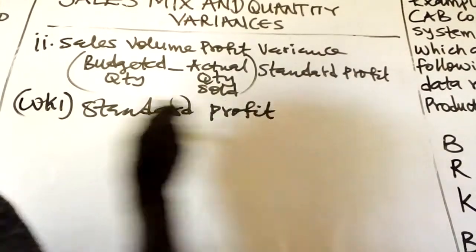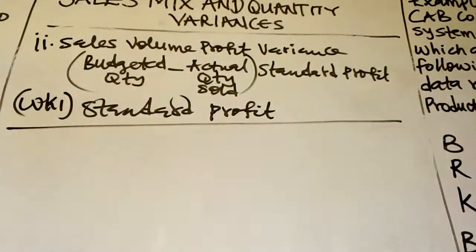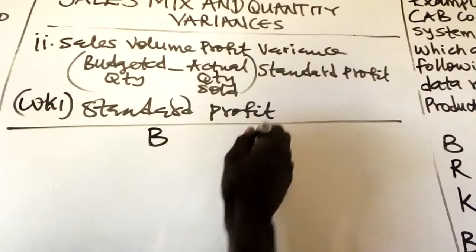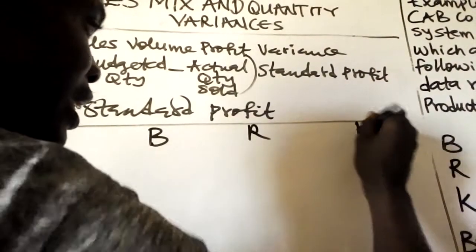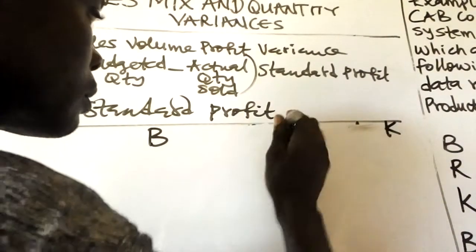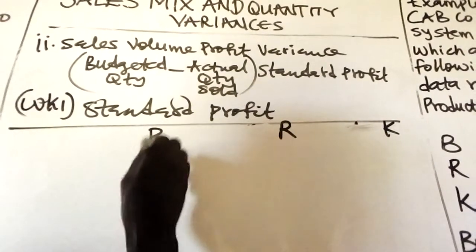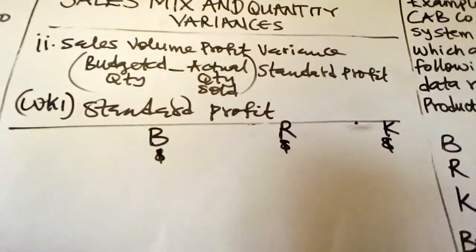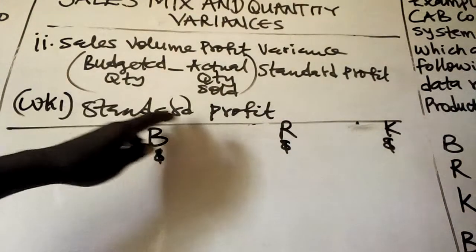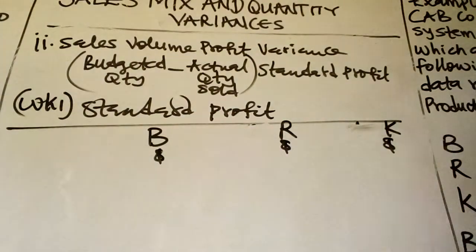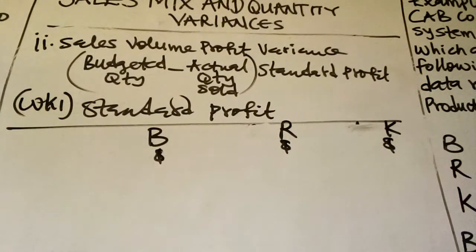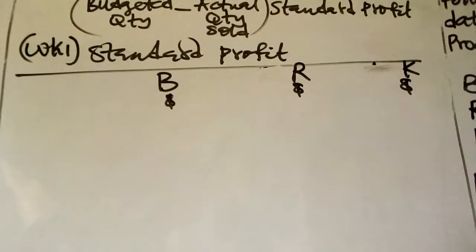If profit is revenue less cost, and 3 products are involved, we have B, R, and K. These are the 3 products, in dollars. Since it is standard profit, the information you are going to use will be from the standard, not actual.